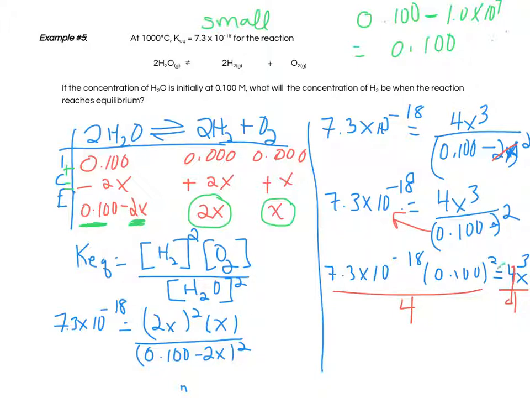I've got to undo this cube, so I'm going to cube root what's on the right, and whatever I do to one side, I need to make sure I do to the other side of this equation. And so then that allows me to solve for x.